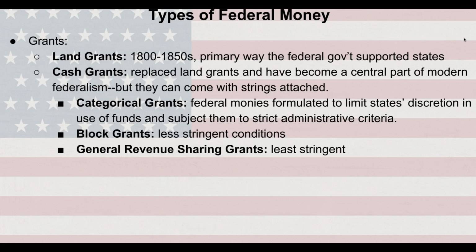They're going to provide very few restrictions on how the money can be used, but Reagan will end these in 1986. And so there is going to be significant amounts of money that will be involved in federalism and in how government objectives are carried out at the state and local level.